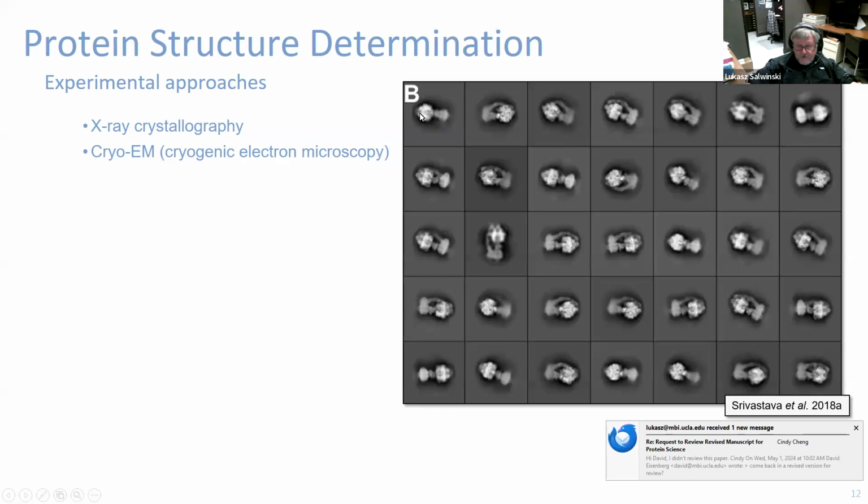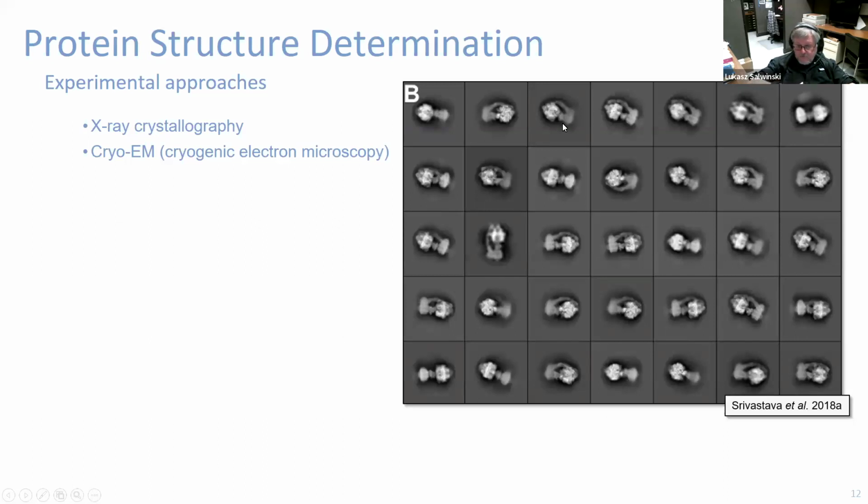You see different images, different 2D classes. Each one corresponds to a stack of similar images added up together. The signal from the structure is adding up much faster than the noise. So if you have enough of those images, you can end up with a better quality image.